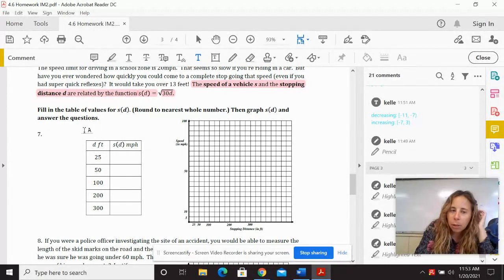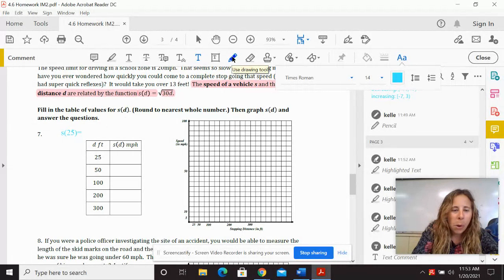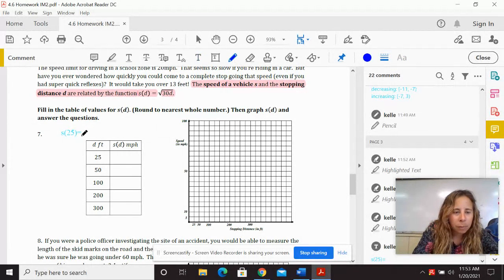So I would substitute, I'm just going to say s of d equals, I'm going to substitute 25 in. So s of 25 equals the square root, and here comes the reason why I didn't want to do it on the computer.